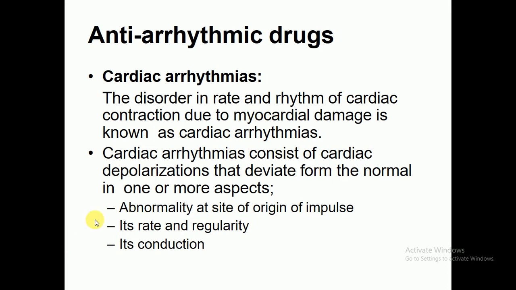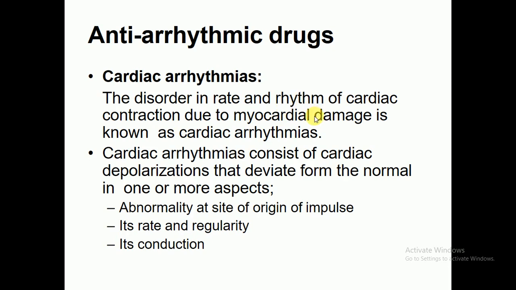In cardiac arrhythmia, there will be abnormality at the site of origin of impulses, and in its rate, regularity and conduction. It means that the normal heartbeats are not maintained.